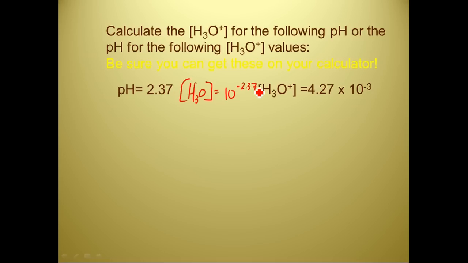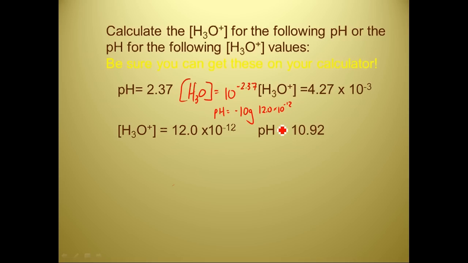You do that math, you should get 4.27 times 10 to the -3rd. All right. If you try a hydronium ion concentration of 12.0 times 10 to the -12, well, let's see. If I want the pH, pH is the negative log of 12.0 times 10 to the -12. If you plug that into your calculator correctly, you should get 10.92.